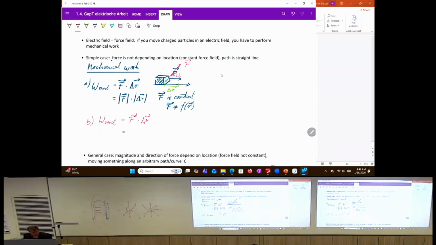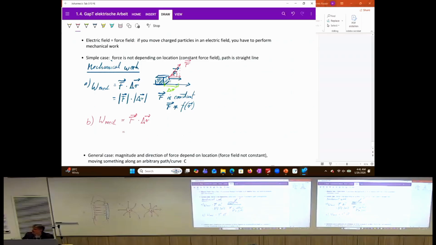You have to see that you are only taking that component of the force vector which aligns with the path where you drag that body or the charge.